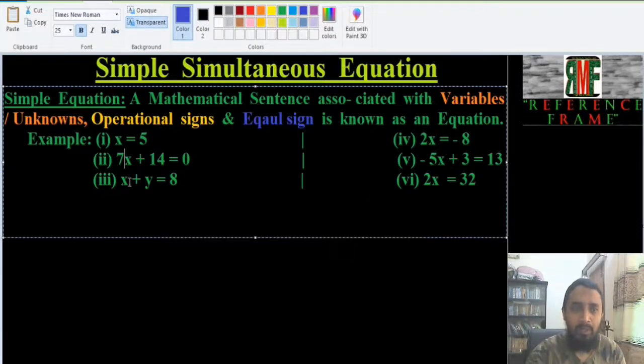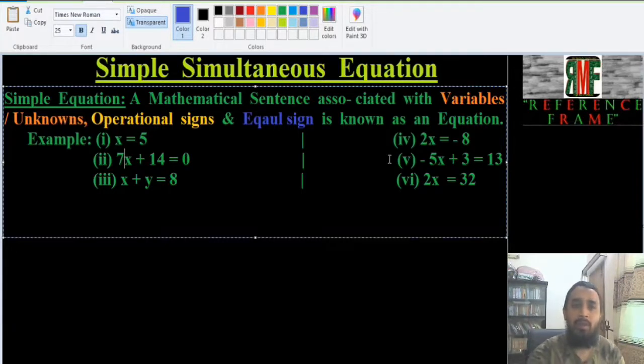So look, this is another equation. Here we have two variables. That is why here we have written on the screen variables or unknowns. That means the variable can be more than one. As you can see here, there are two variables. One is x, another is y. x plus y is equal to 8. So here there is a dependency between x and y.